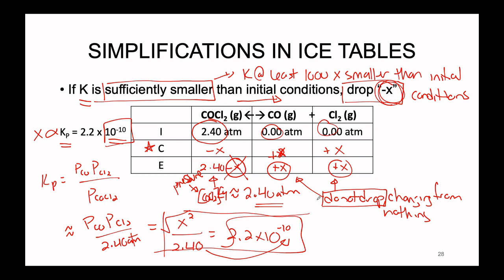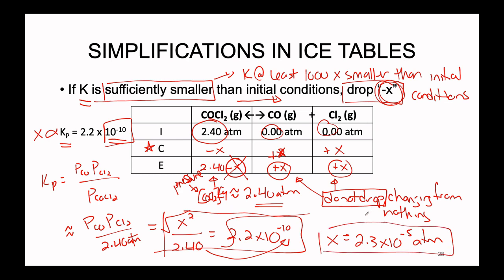That's way easier than trying to rearrange our equation into a quadratic and then use the quadratic formula to solve for X. Our X is going to be equal to 2.3 times 10 to the negative 5th atmospheres.